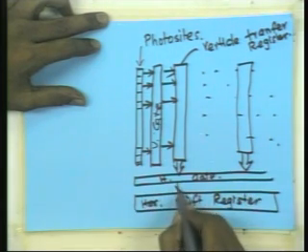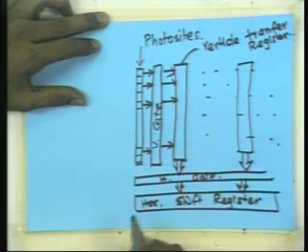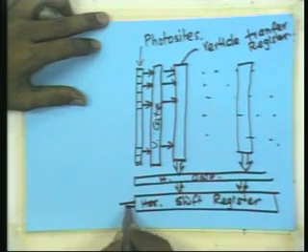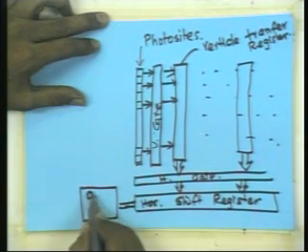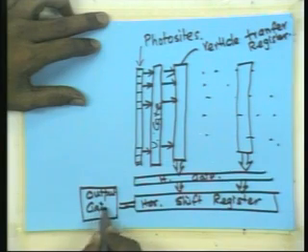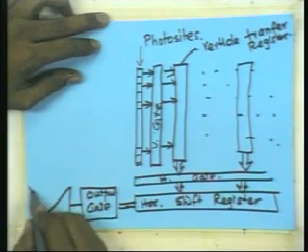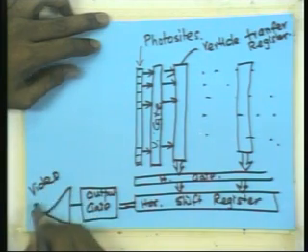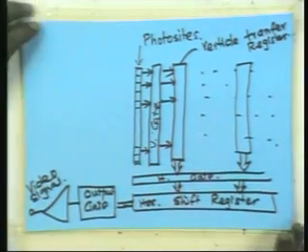So this will transfer at one time, then the next one will transfer. In sequence they can be taken out from here through the output gate, and then a suitable amplifier etc. will be there, and your video signal will be out here.